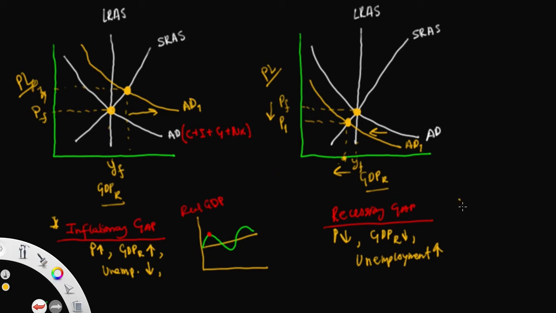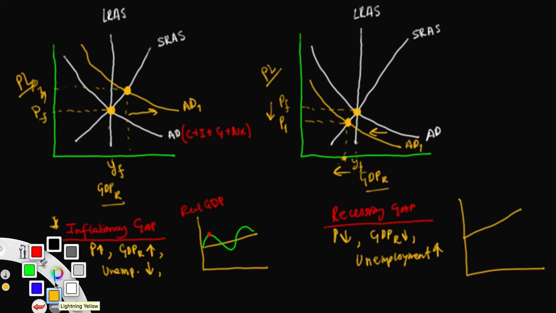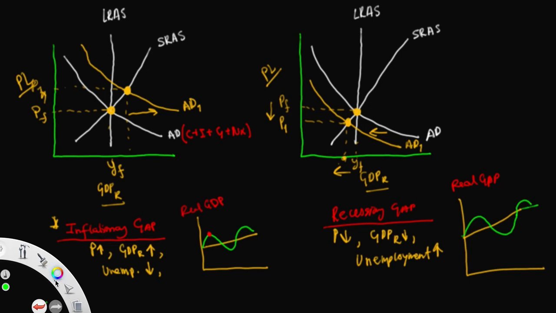And if I was to draw out the business cycle for this, with this orange line representing the natural rate of unemployment, we would see real GDP on the y-axis. All right, and our business cycle would look just like what I drew out there. We would be somewhere here.